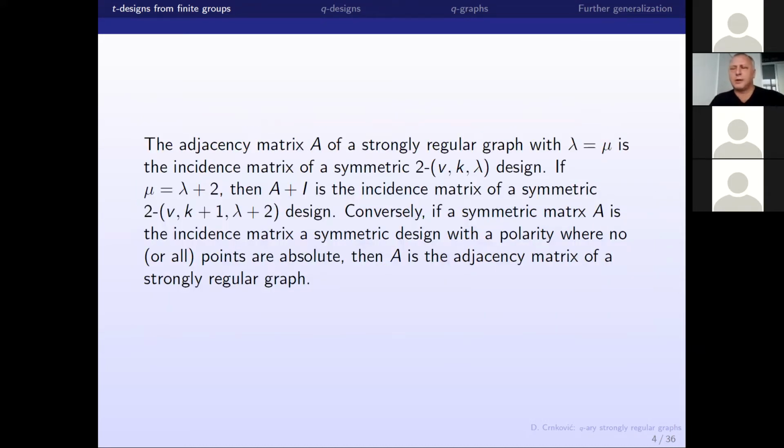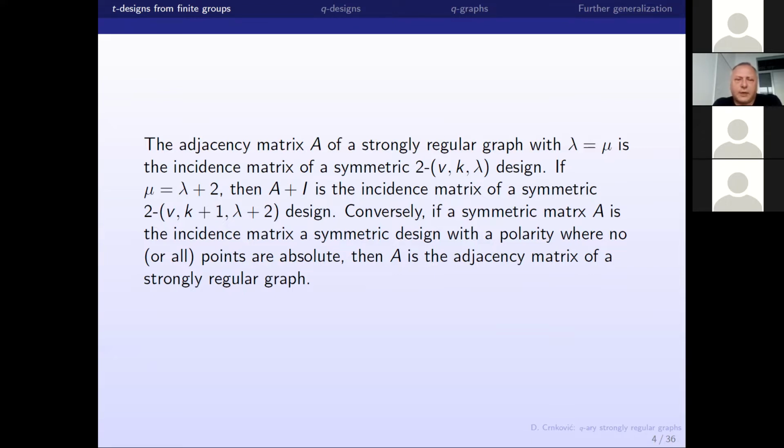It is also very well known that there is a connection between strongly regular graphs and symmetric designs. Whenever we have a strongly regular graph where lambda is equal to mu, then its adjacency matrix is actually the incidence matrix of a symmetric (v, k, lambda) design.